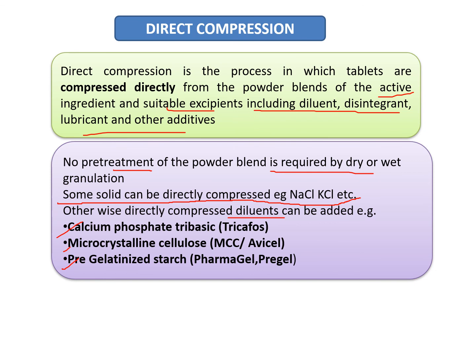Those students who are preparing for GPAT should remember these names and their synonyms, so that these type of questions generally asked can be answered. If the drug is not easily compressible, we can use directly compressible diluents, and these are some of the examples.